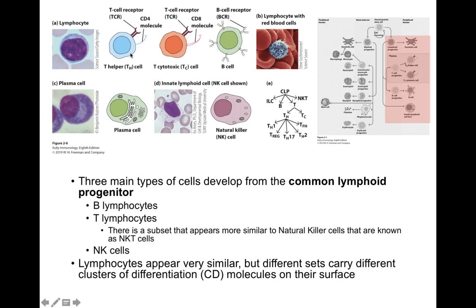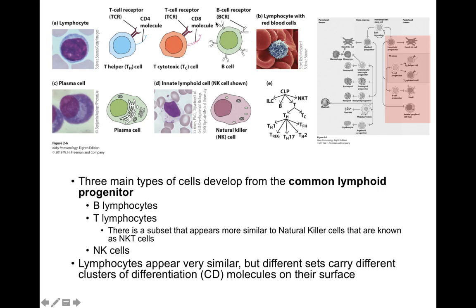There are other groups that we'll look at later on, but the two big groups are the T helper cell and the cytotoxic T cell. We can tell it's a T helper cell because it has CD4 on its surface, and we can tell it's a cytotoxic T cell because it has CD8 on its surface.